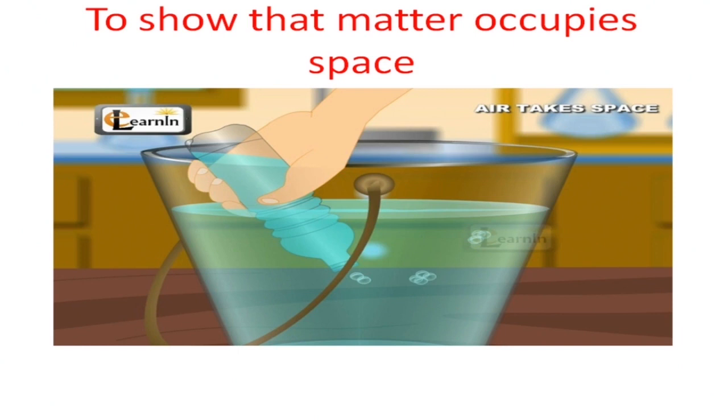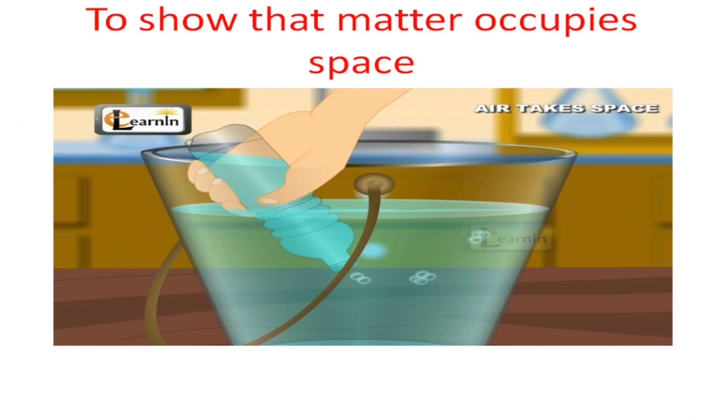What is going to happen is that water is going to move up into the container, displacing the particles of air, which are going to move out. And how do we tell that these particles are moving out? From the diagram, you are able to see some bubbles escaping. These bubbles confirm that air occupies space. And air, being one form of gas, is a state of matter. This therefore shows that matter occupies space.